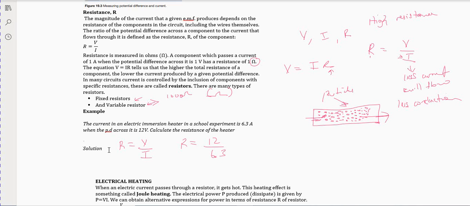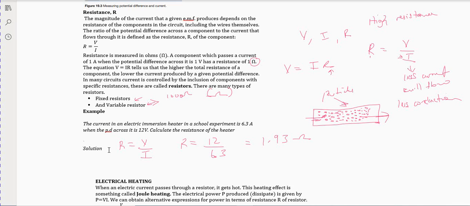It's going to be about 1. So the resistance here is going to be very low: 1.93 ohms. This tells us that a heater of this nature has a very low resistance.